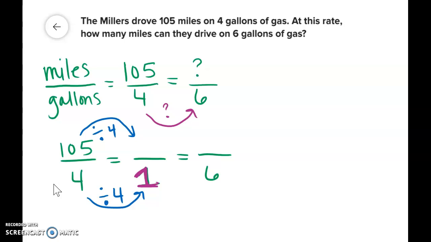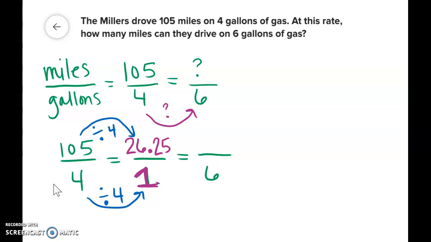And what my calculator tells me is that that is 26.25 miles per gallon that they're able to travel. So from here, yes, it's okay to have a decimal in your ratio or your unit rate.